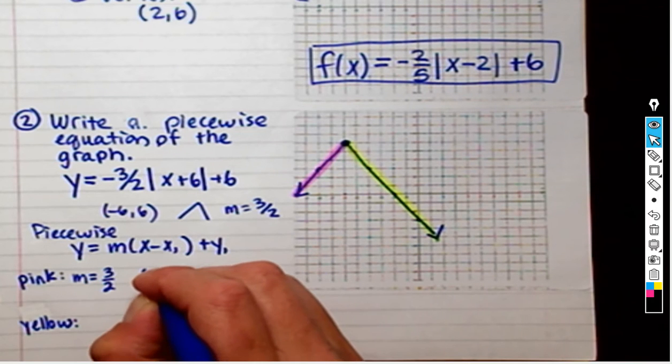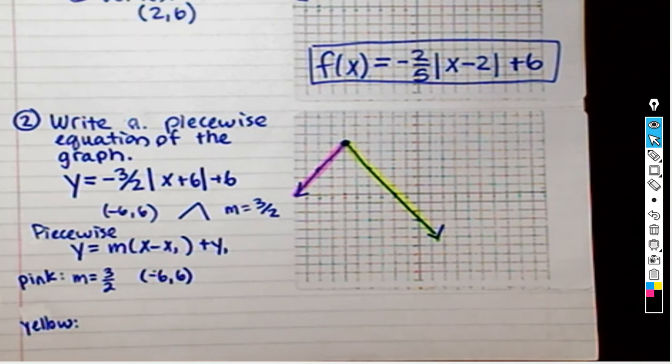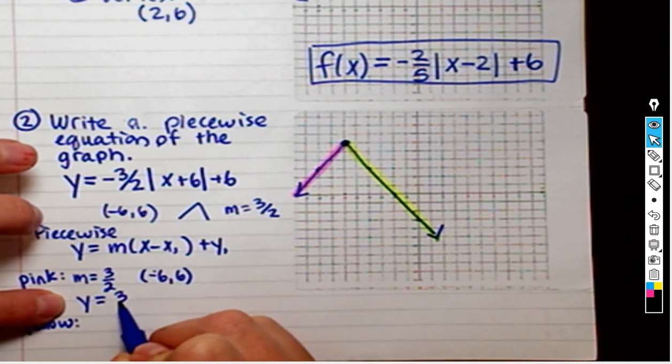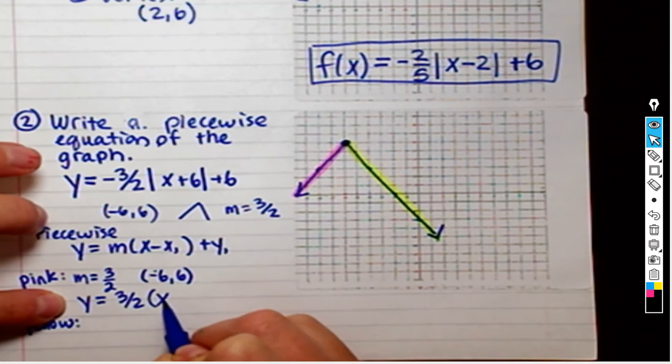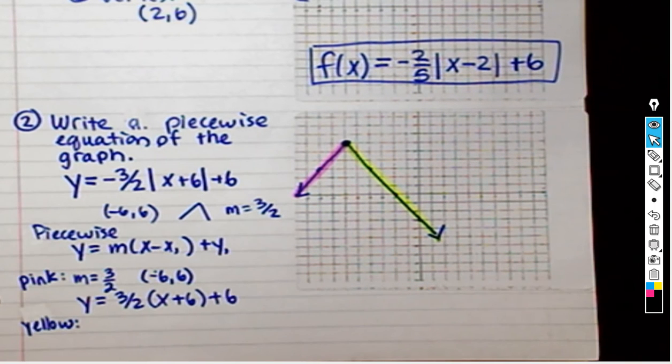I'm going to switch it to negative 6, 6. Negative 8, 3 will work, but I'm going to switch it to negative 6, 6. Okay, write the equation of the pink line. 3 over 2 x plus 6 plus 6.